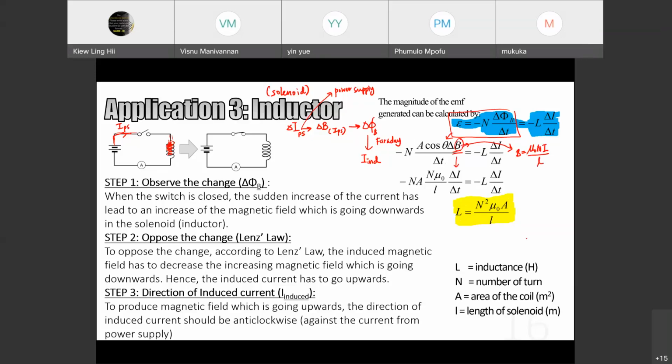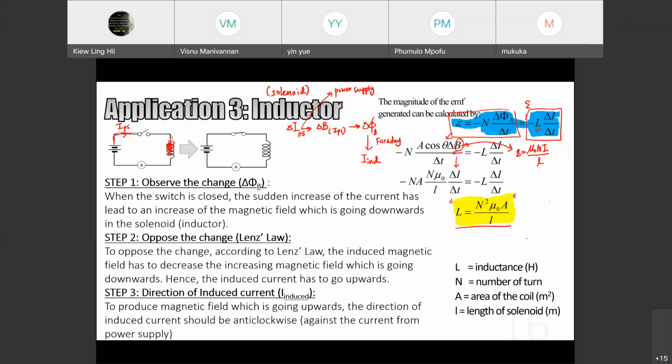At the same time, the induced emf of the inductor is also given as the change in current over time times the inductance. When we combine these two together, we will get our final equation for inductance.